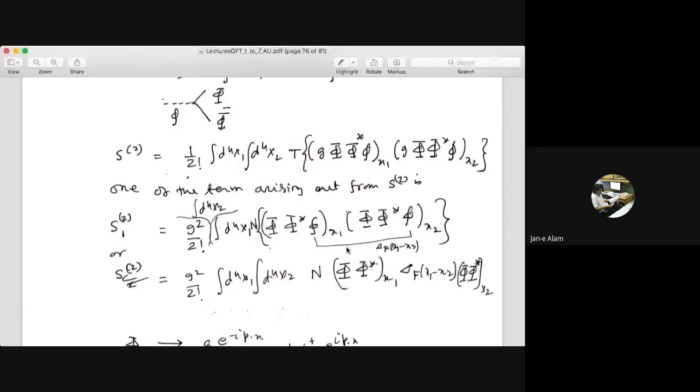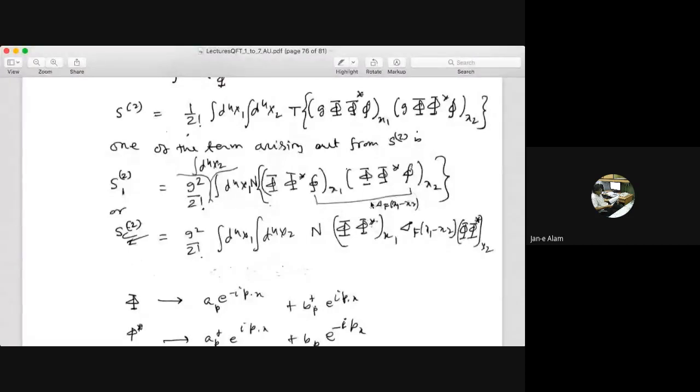Because, as I said, when I contract two operators, that gives me a propagator. And what is a propagator? I have defined that it gives you the amplitude for the particle which goes from x1 to x2 or x2 to x1.